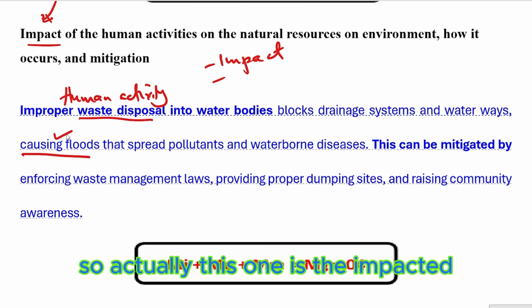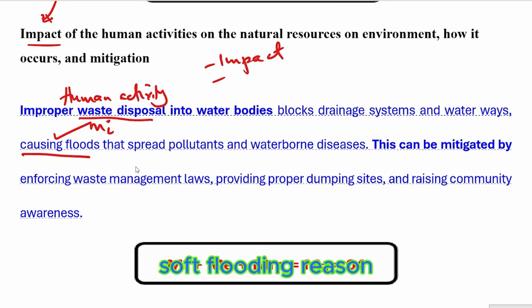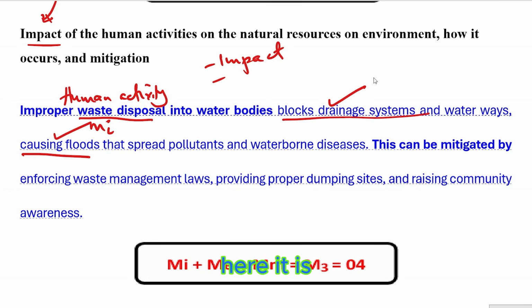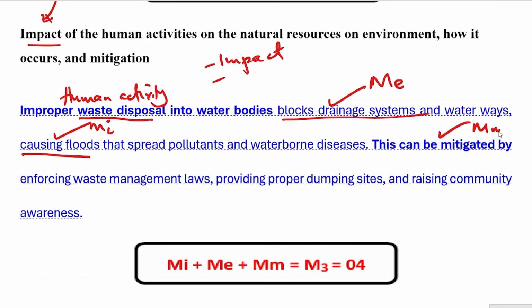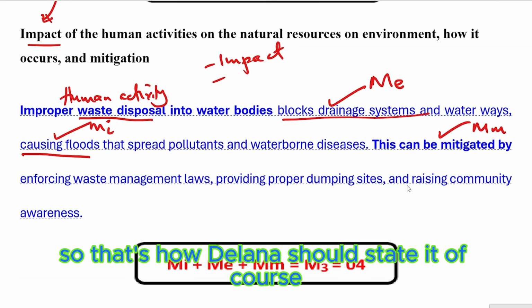So this one is the impact itself, flooding. This is how it occurs. How does flooding come about? Then mitigation. So that's how the learner should state it.